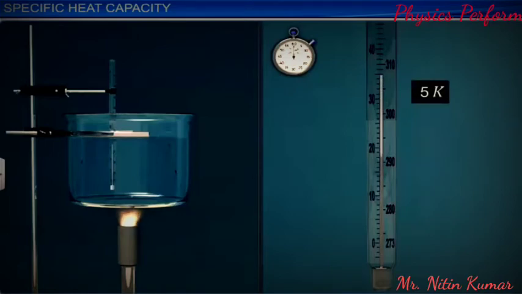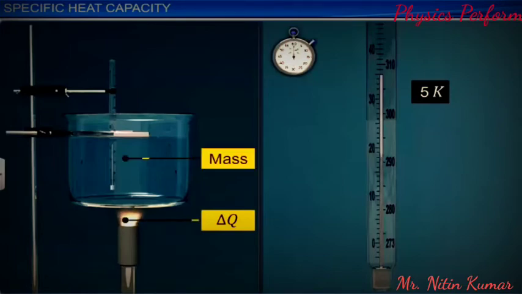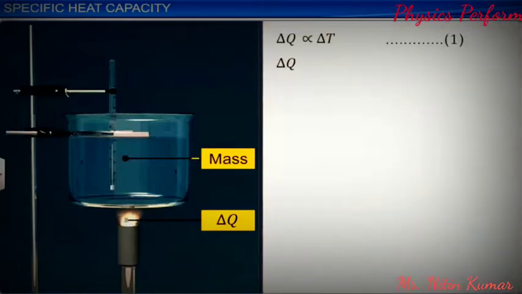Hence, the quantity of heat, delta Q, required to raise the temperature of a body depends on its mass also. Therefore, delta Q is directly proportional to mass m. Let this be equation 2.